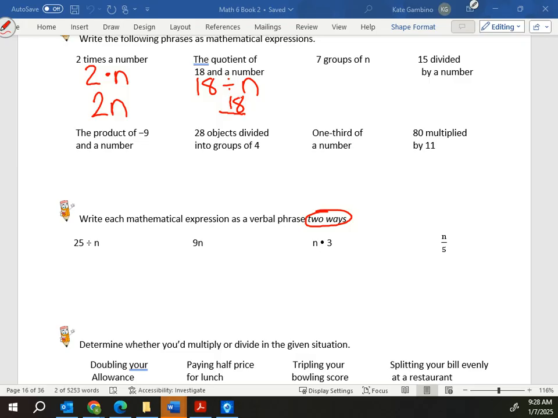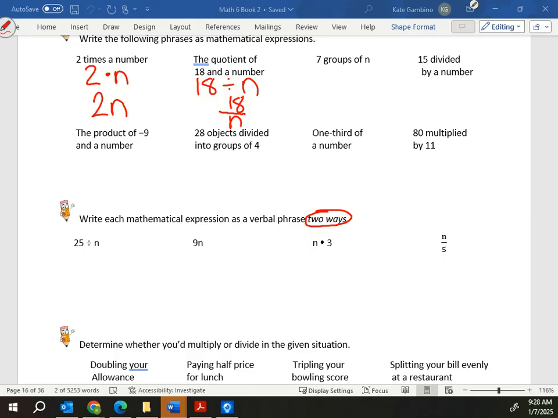So it would be 18 over n. If you write it as a fraction, it means the exact same thing, so I would accept it either way: 18 with the division symbol n, or 18 over n. They both mean divide, and we need to know that they have the same meaning. That fraction bar means we divide, so you take the first number divided by the bottom number. Okay. Any questions on this section?